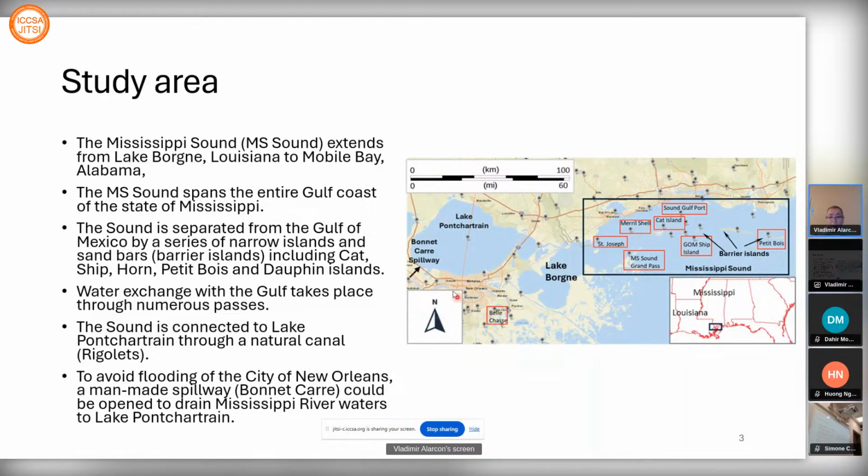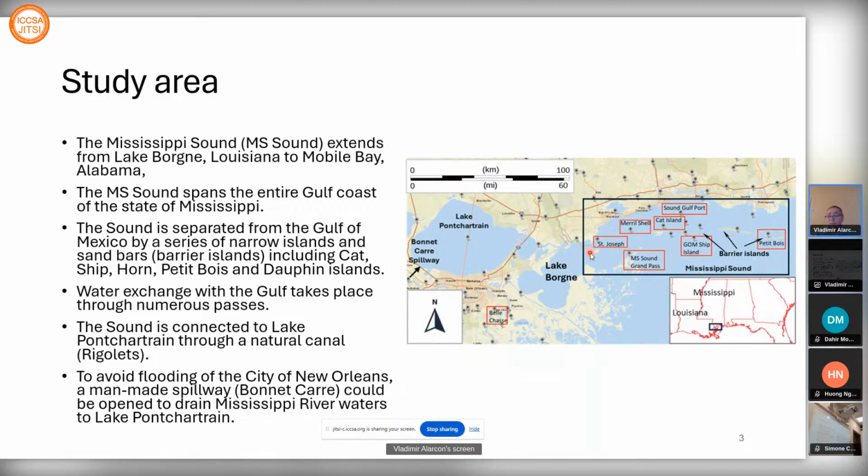To avoid flooding in New Orleans, the flow is diverted to Lake Pontchartrain. The Mississippi River carries fresh water, and from Lake Pontchartrain, through hydrodynamic transport, fresh water and whatever the lake contains travels to the Mississippi Sound, affecting the water quality in all of the Sound.